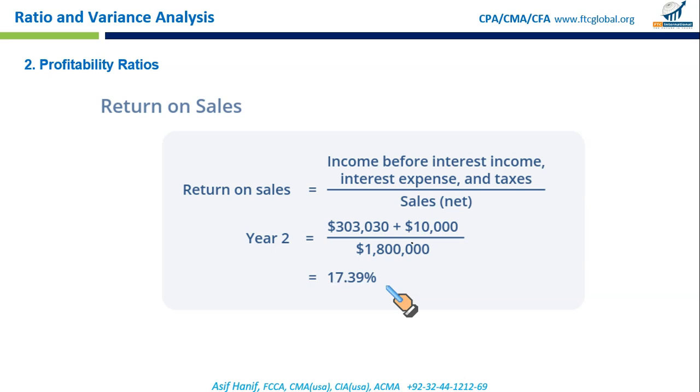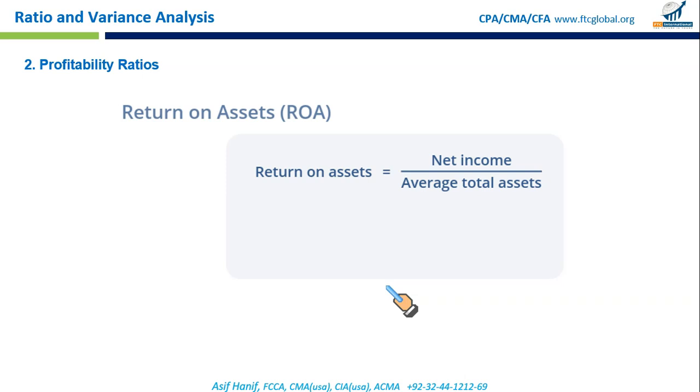or the overall industry returns on sales. The next measure of profitability is return on assets, that is net income expressed as a percentage of average total assets. There is a key point to learn: net income is for the whole period, quarter, 6 months, or the whole year, so you can't take assets at a specific point in time. Whenever a net income item is combined with a balance sheet item, it must be averaged.